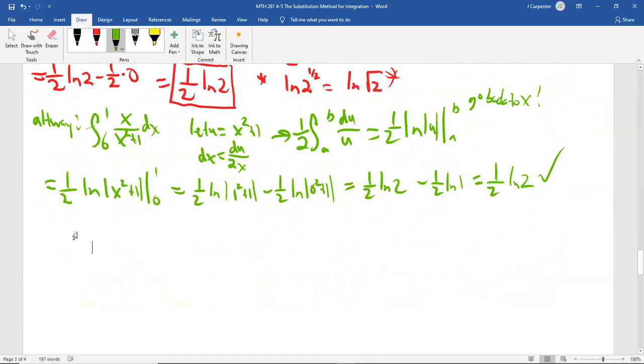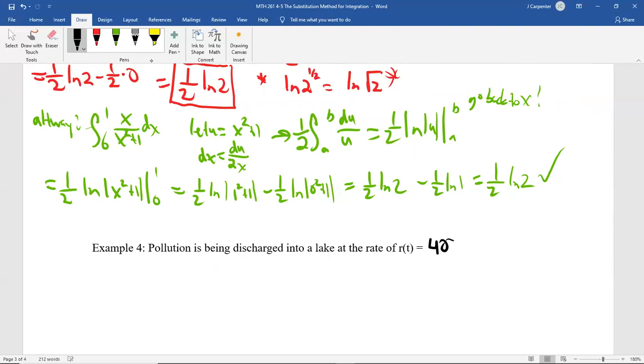All right, so let's try this out with a word problem. Example, I think we're up to 4. Pollution is being discharged at the rate of R of t equals, word rate, that probably means we're going to do a derivative, right? 400t e to the t squared.